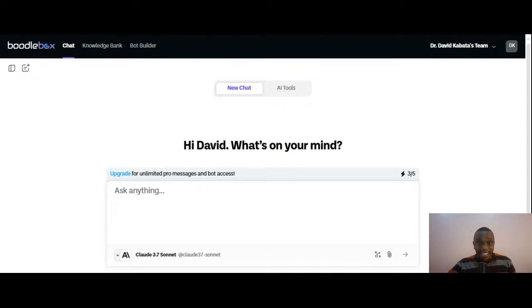So you can take this gap, like this one now, and come here and paste it here. And maybe tell Boodlebox, or the platform, to identify the data that can accompany this research gap.